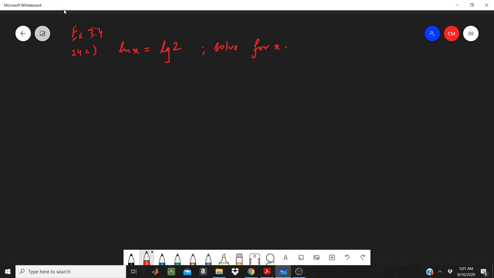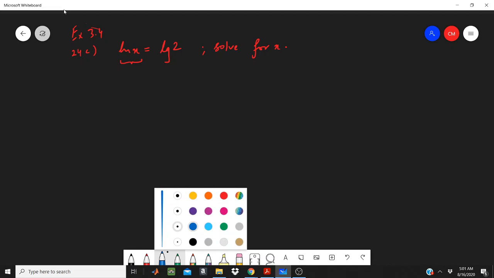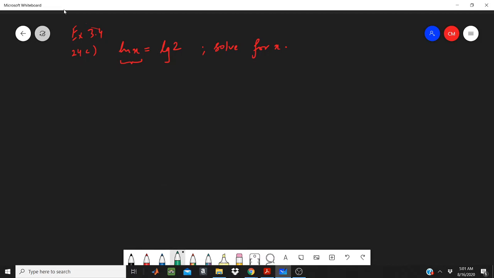So how do we do this? Okay, so one thing to realize is that this equation has one unknown. So the unknown here is x, and this side has no unknowns.